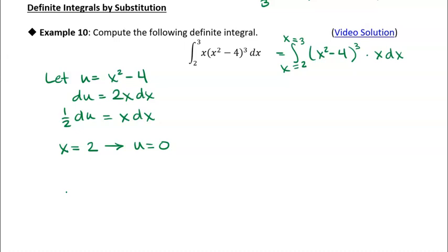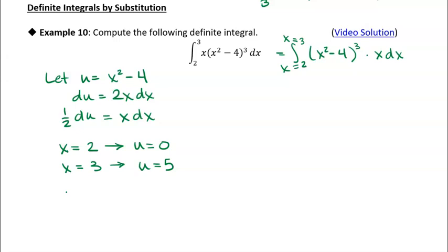I'm just plugging in the x values for the limits of integration and translating them to u values. The upper limit is 3, and if I translate that to a u value, 3 squared is 9, 9 minus 4 is 5. So this x equals 3 corresponds with u equals 5.